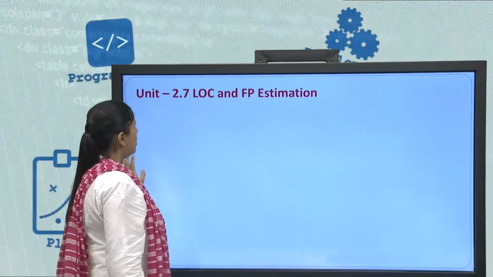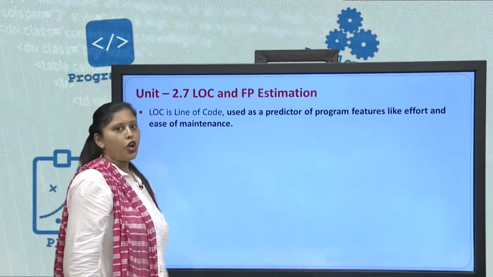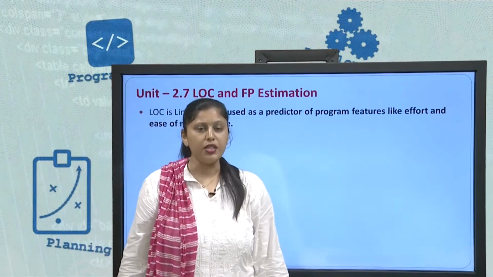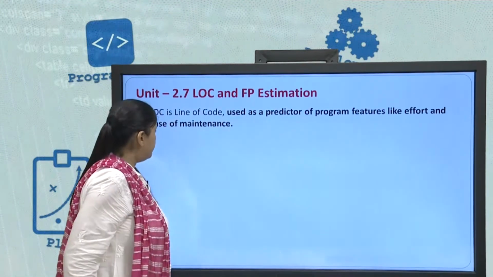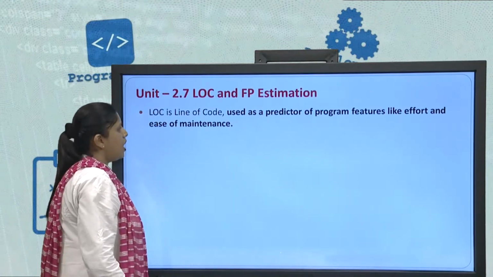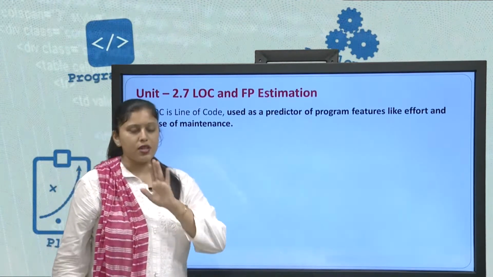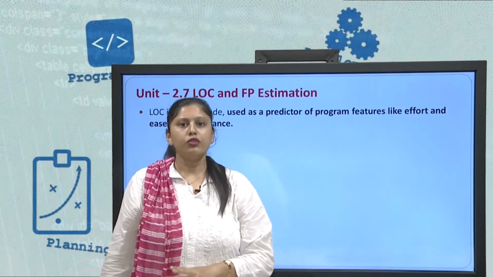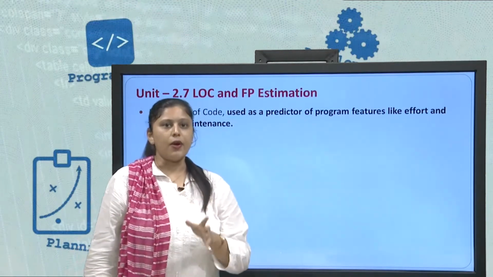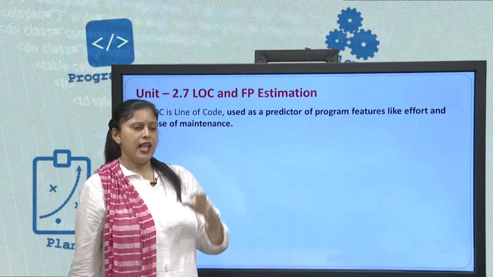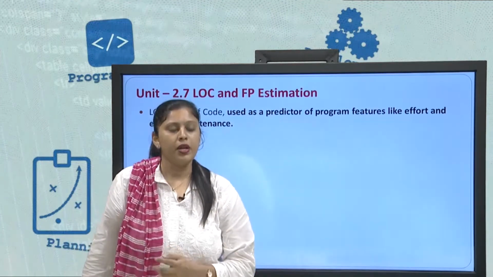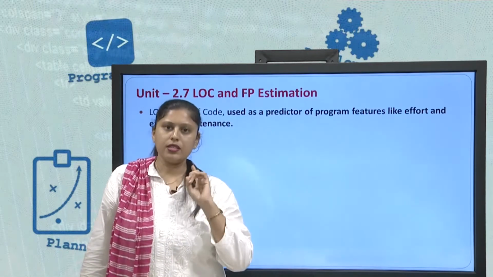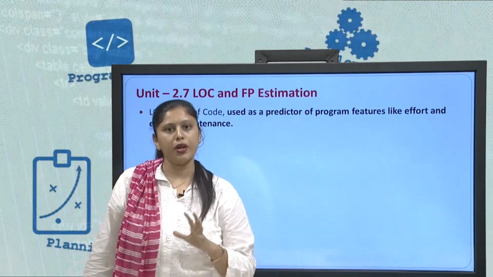Now, one of the most important topics of this unit is LOC and FP estimation. What is LOC estimation and what is FP estimation? They are entirely different. Before we move to what it is, its advantages and disadvantages, let me quickly brush up that in the previous session we saw what software pricing is.